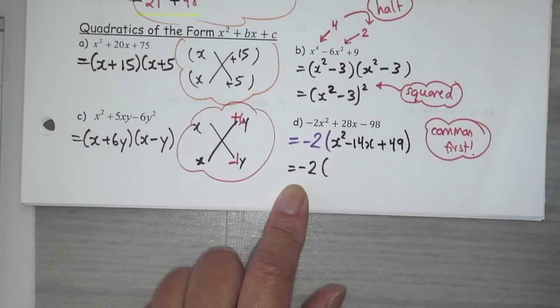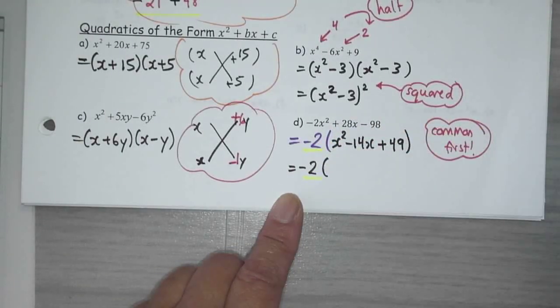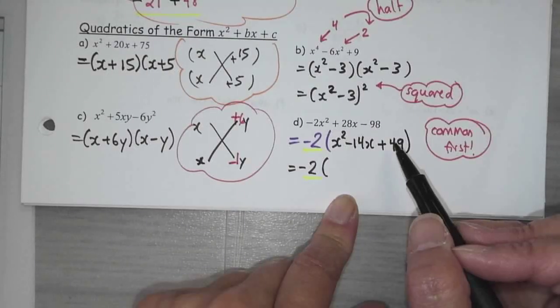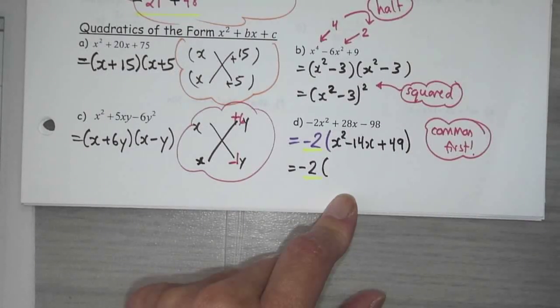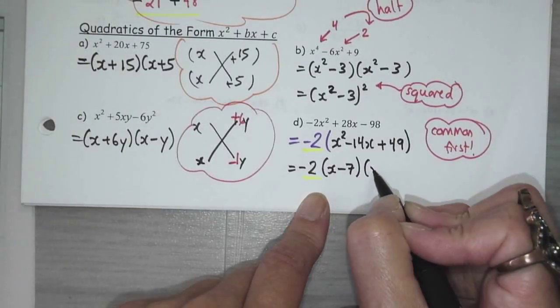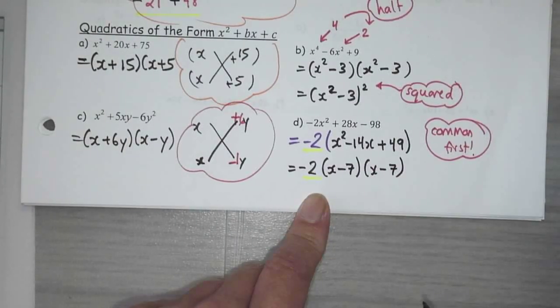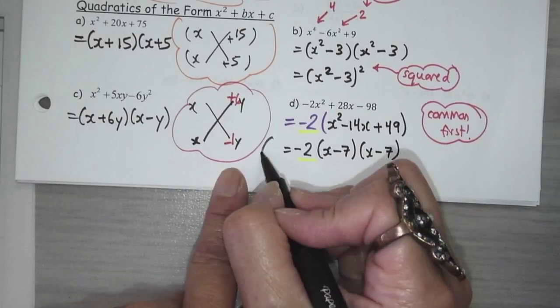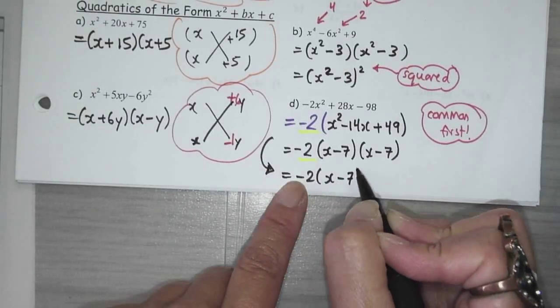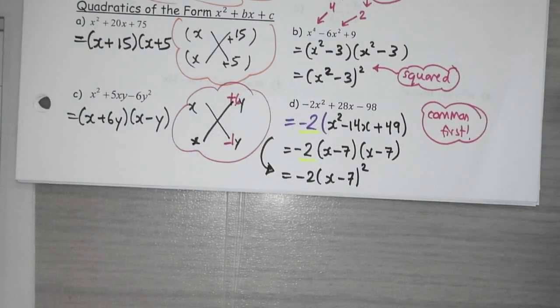So we kept the -2 in front here. And then you're looking for multiplies to positive 49, adds to -14. It's only 7 and 7. And they both have to be the same. And then I want to finish that. You could skip right to this answer if you see there's 2. If you see there's 2, you can go right to that answer and square.